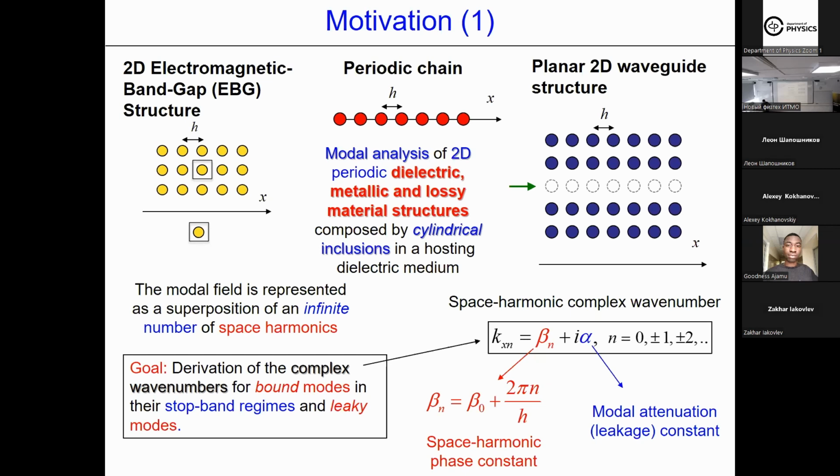Beta is different for each space harmonic, while alpha is the same, and is the attenuation constant for this mode. Our goal is to calculate this attenuation constant efficiently, because, as I mentioned in the beginning, alpha unfortunately cannot be calculated using commercial software, but this parameter is crucially important, and I will show later why, for millimeter and microwave devices as well as in optics.